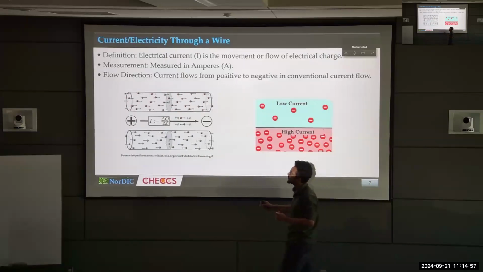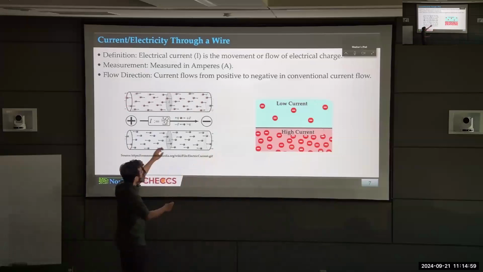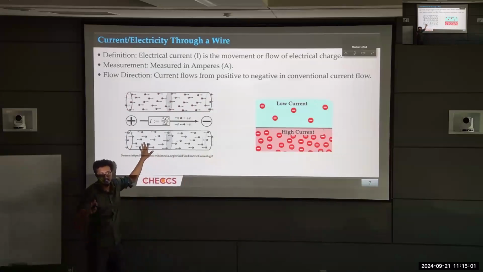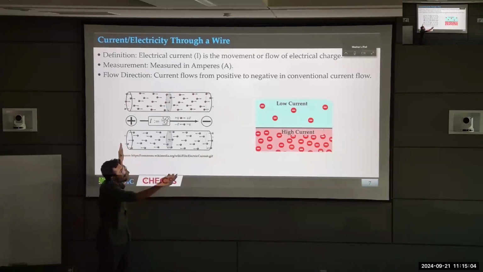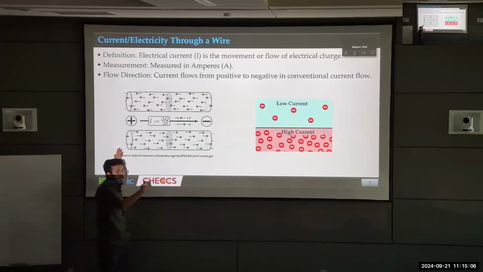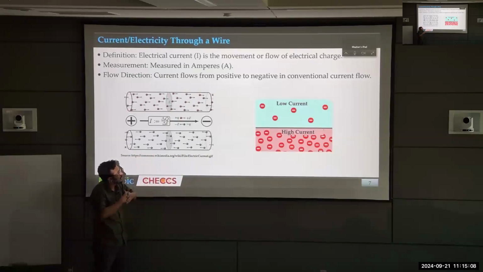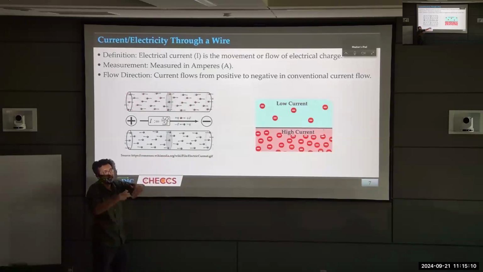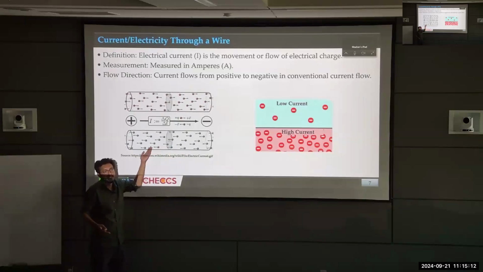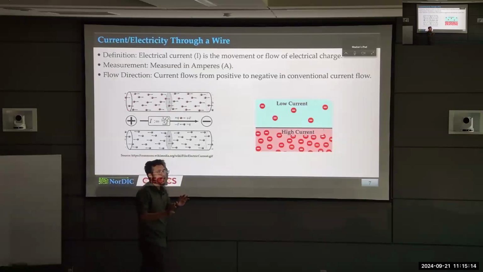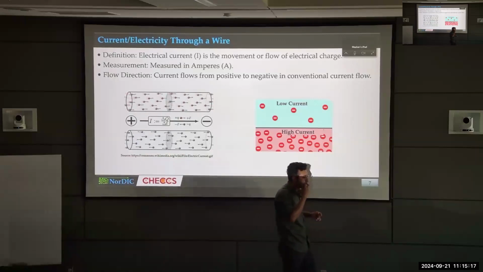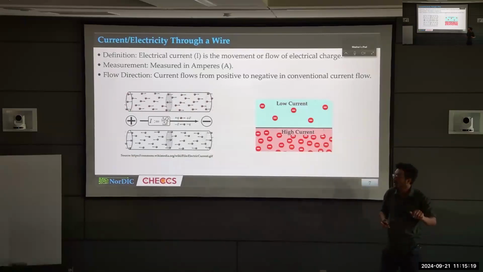For example, you have a potential difference of 9 volt and 1 electron is traveling, or 2 electrons are traveling, I'm just giving you an example. But the same potential difference can actually make thousands of electrons or billions of electrons travel this way. This depends on another parameter, which is a material dependent parameter. I will talk about that later.